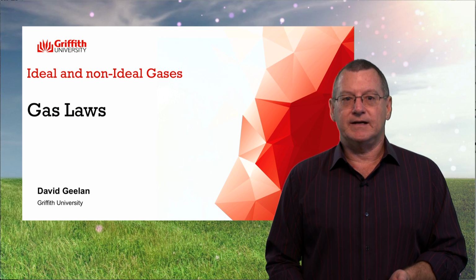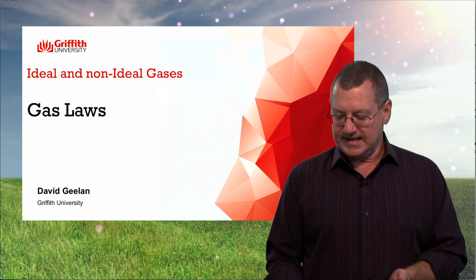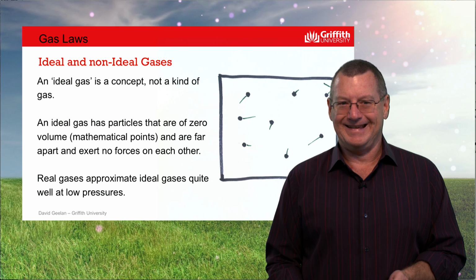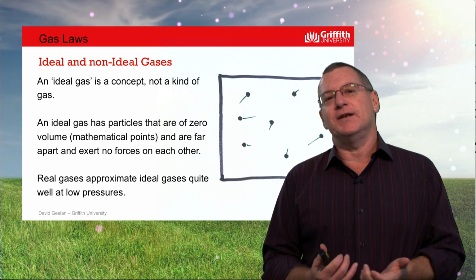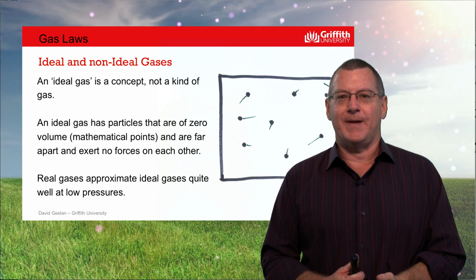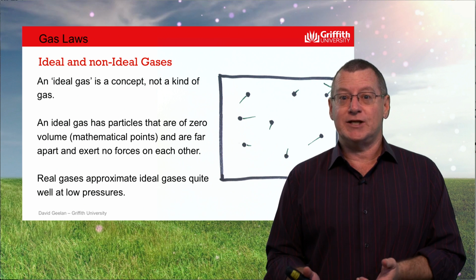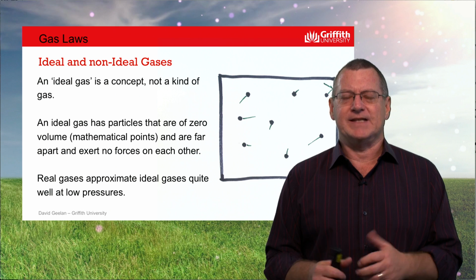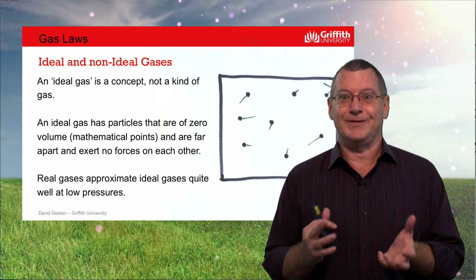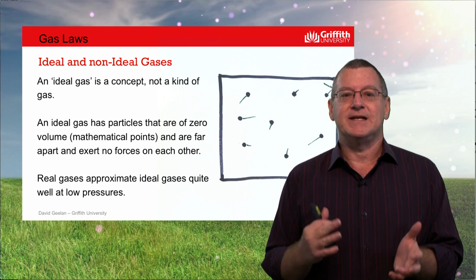So the notion of an ideal gas, sorry, got to turn the clicker on before you use it. The notion of an ideal gas is actually a concept. We sometimes loosely talk about real gases as though they're ideal gases. So helium is a good approximation of an ideal gas, but it's not an ideal gas, because an ideal gas isn't ideal, it's a philosophical concept. So what's that concept?